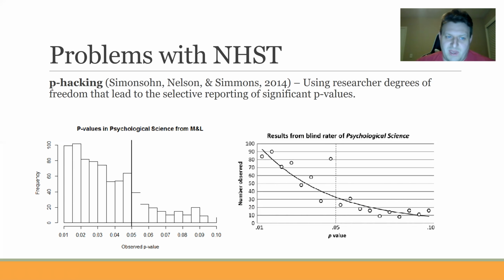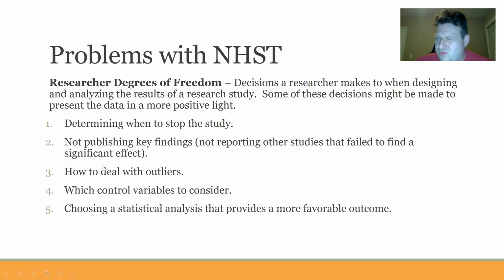So we might be checking different ways of doing the outliers, checking different control variables, maybe reporting some analyses, not reporting other analyses. We do all these certain things so that we get a p-value of lower than 0.05. So we can say, hey, I rejected the null hypothesis. I have a statistically significant result.